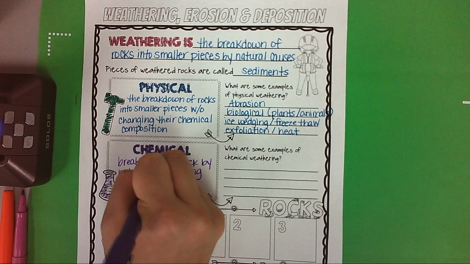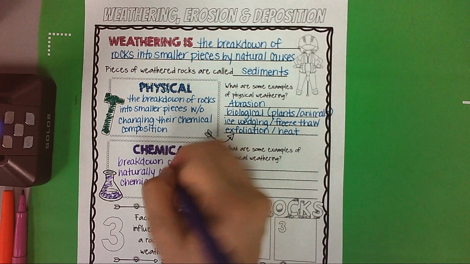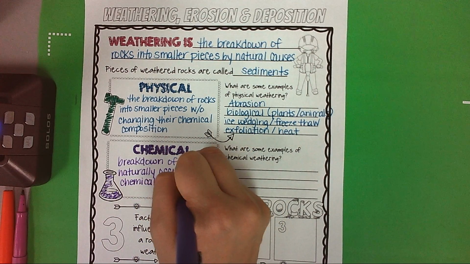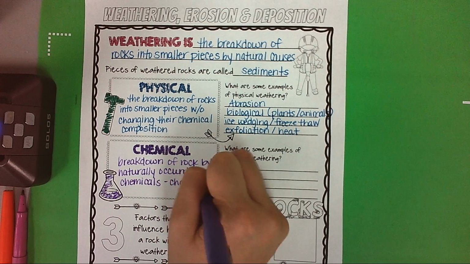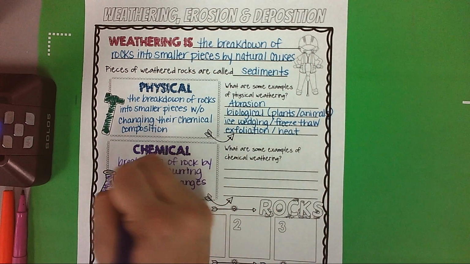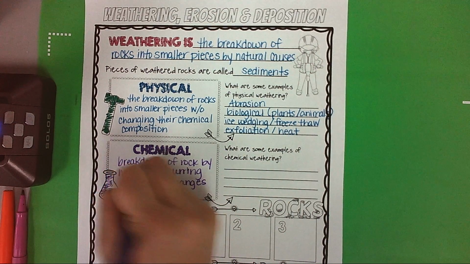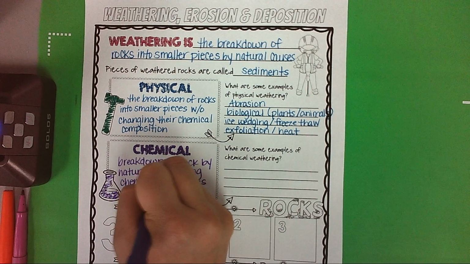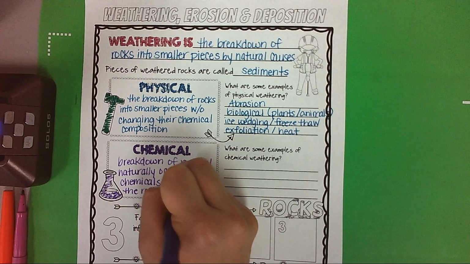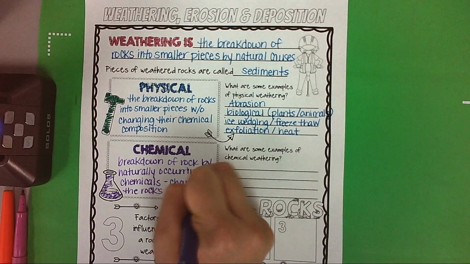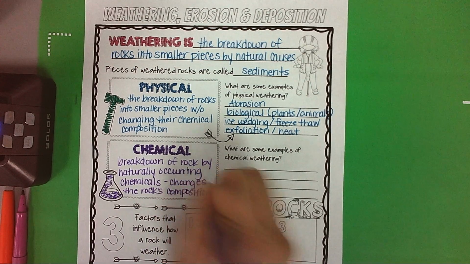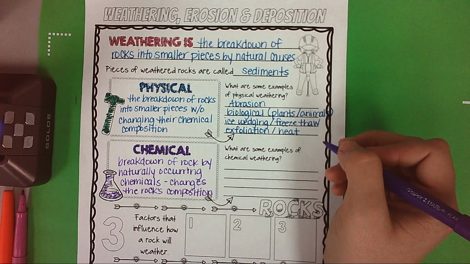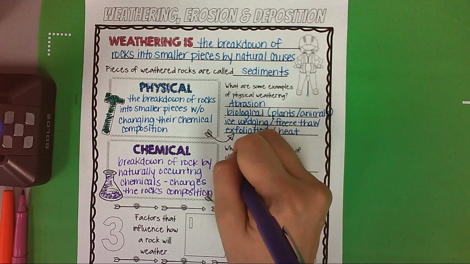So it doesn't have to be like the vinegar we use in our experiments, okay? This would be stuff that is in nature, but it breaks the rock down. So let's look at some examples. What are some examples of chemical weathering?